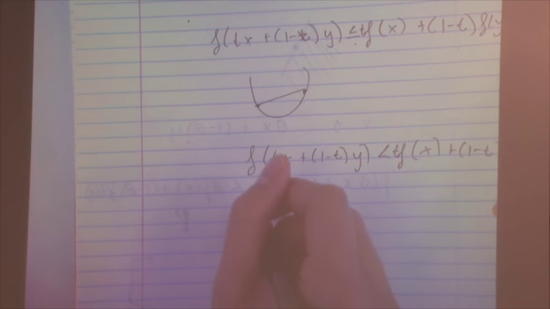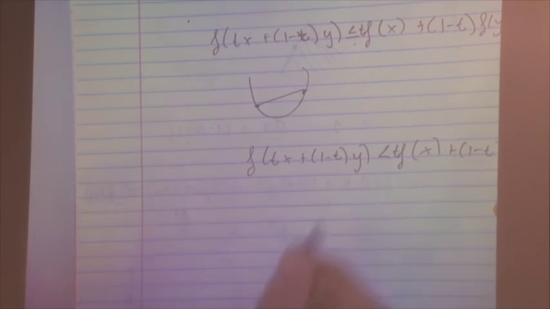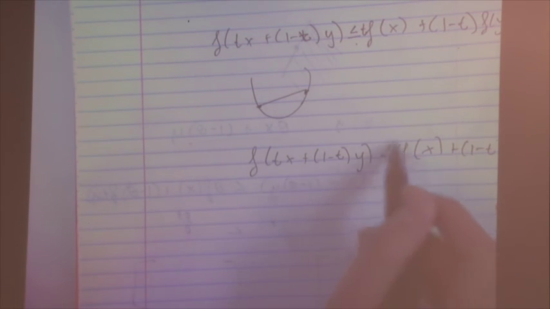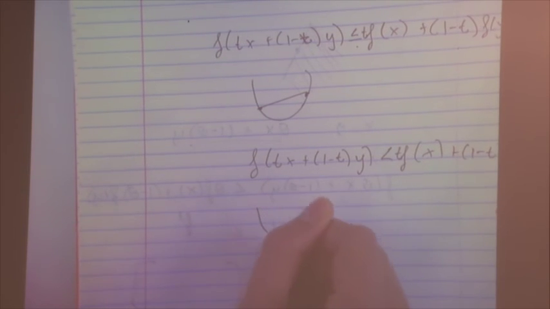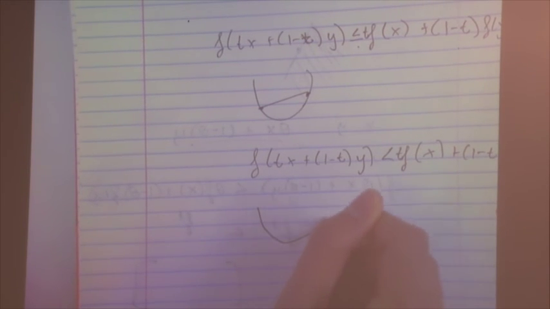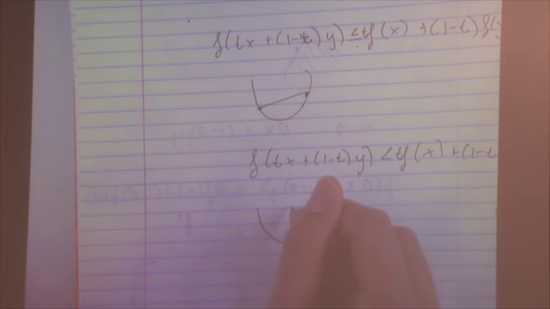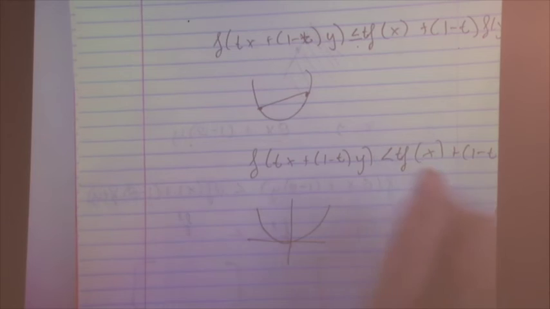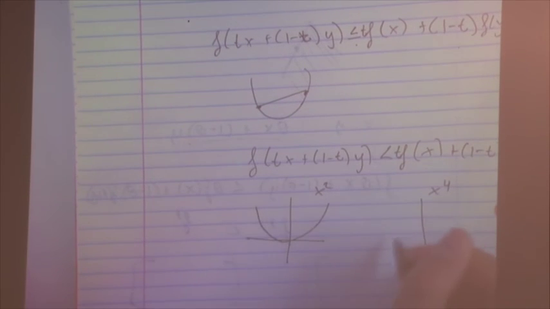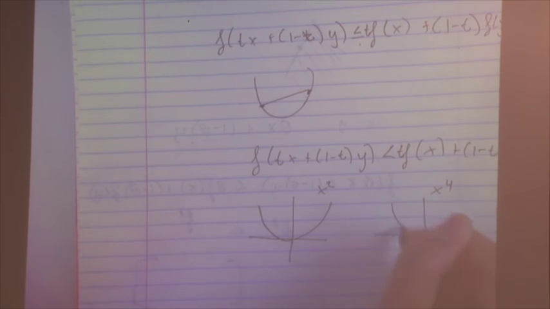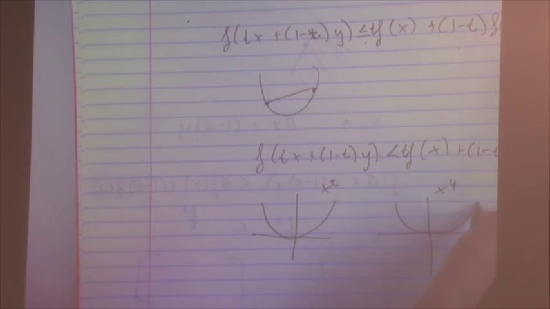Okay? So that is a stronger statement about how flat the function is near its minimum in some ways. So a quadratic function is not super flat near the minimum, but if I have x to the fourth, what happens to x to the fourth? It sort of flattens out like this, right?